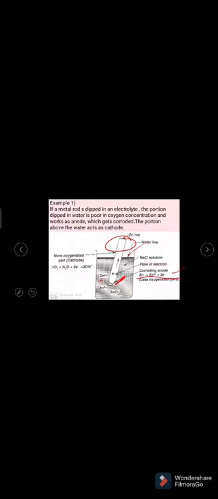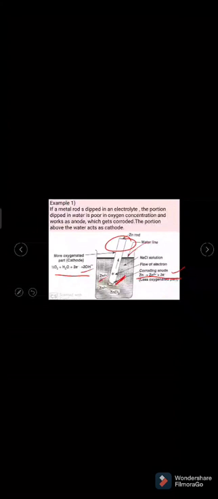This Zn2+ combines with the environmental factors, that is water molecules and oxygen, forming hydroxyl ions. These move and combine at the surface of the zinc rod, and Zn2+ plus 2OH- gives rise to zinc hydroxide.